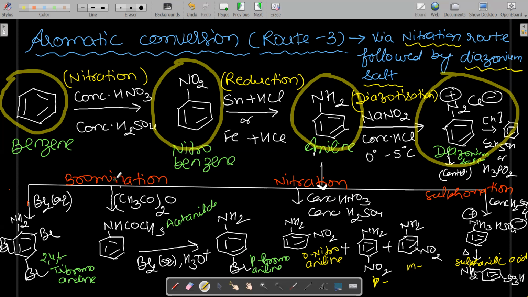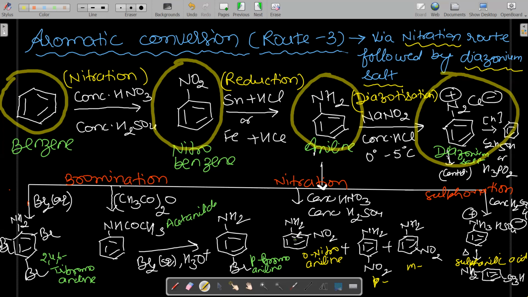Aniline bromination reaction shows that when aniline reacts with bromine water, it forms tribromoaniline, 2,4,6-tribromoaniline. So there is one question: how does aniline convert into monobromoaniline? Sometimes in the exam it comes, convert aniline to para-bromoaniline.